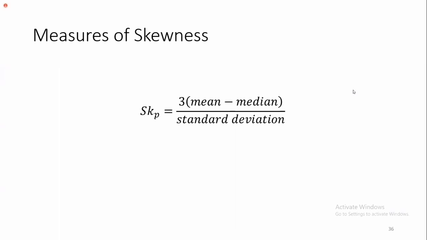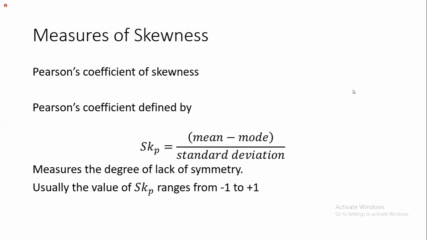I have included the formula, measures of skewness, 3 times mean minus median over standard deviation. The same person has introduced this formula, but usually we prefer the first formula to measure skewness.